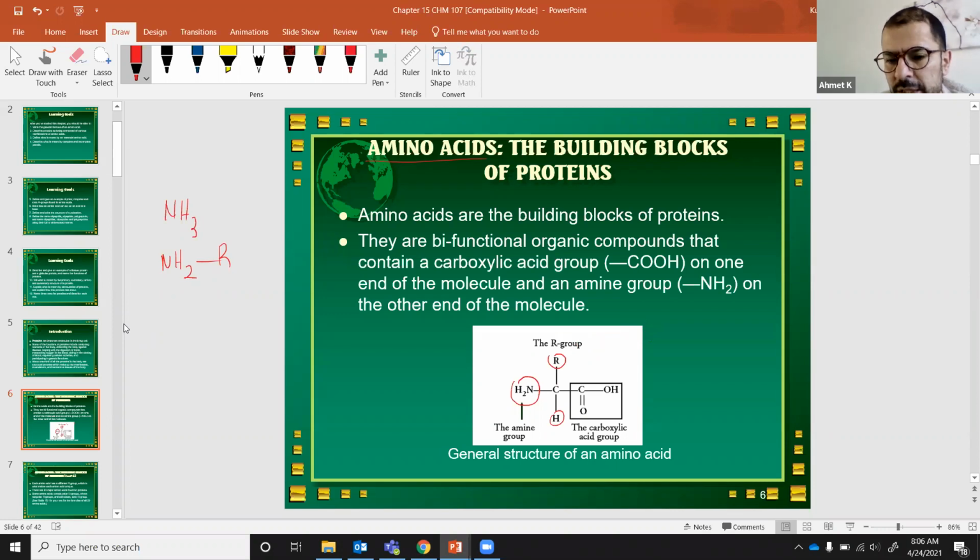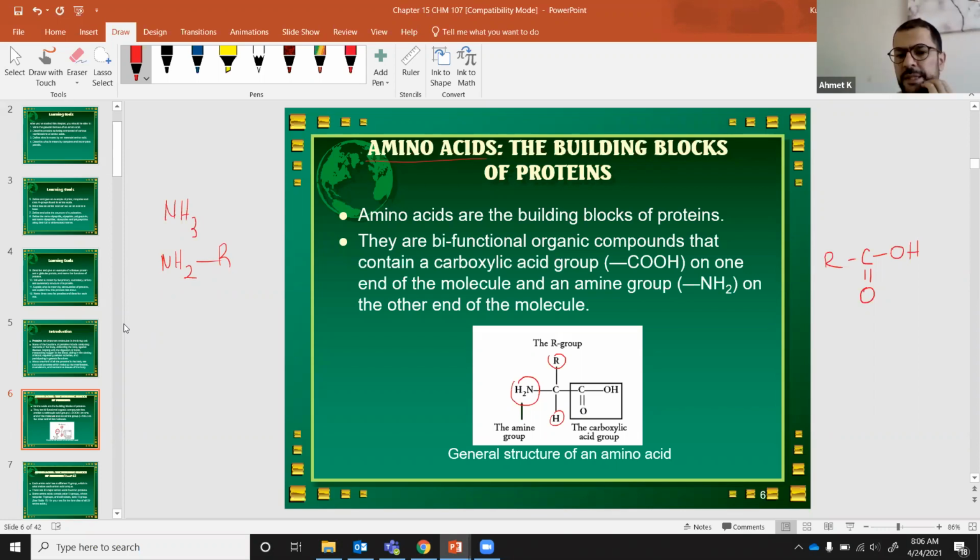On the other hand, if you look at this side, we have a carboxylic acid. What was the carboxylic acid again? A carboxylic acid is whenever you have oxygen, carbon double bond, OH, attached to an R. This is my carbon, this is my R group. So it has two different functional groups on the same molecule, and this is why we call them amino acids.